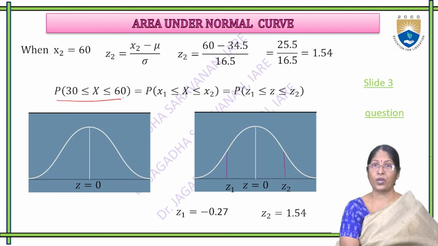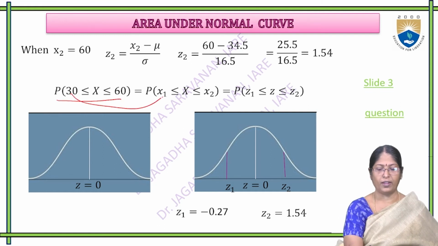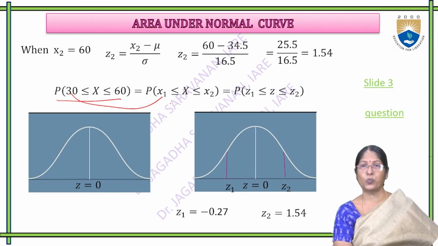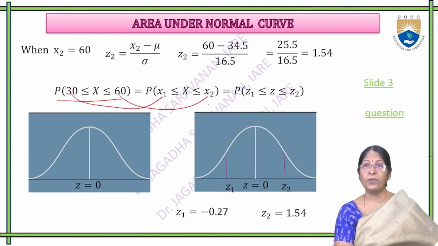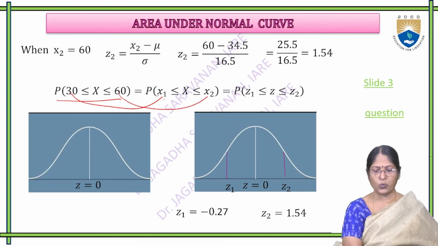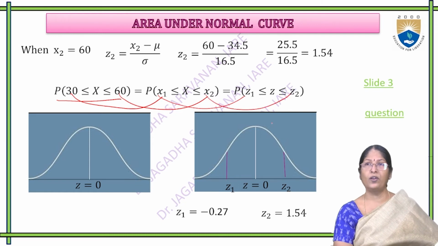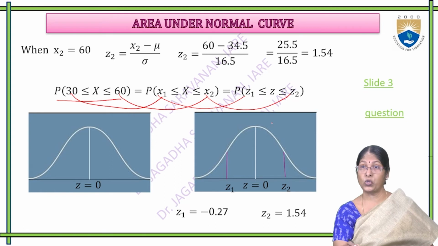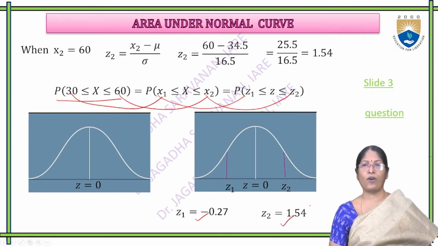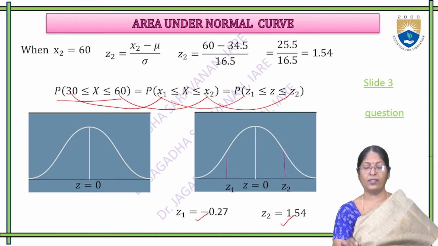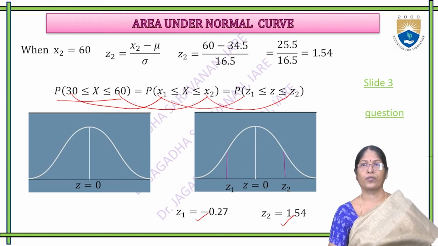This is our question. 30, I named it as x1. 60, named it as x2. x1 converted to z1, x2 converted into z2. Our z1 is minus 0.27, z2 is 1.54. They are placed in the diagram correctly.